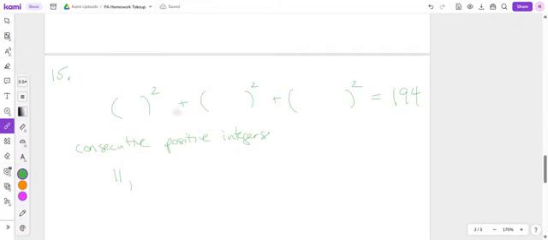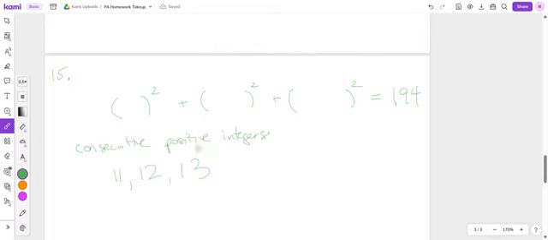You're so used to doing odd and even, folks, right? Consecutive positive integers. Did I say odd or even? I didn't. So what is it? After 11, what comes? You got it, 12. And then 13. So it's really reading it carefully.